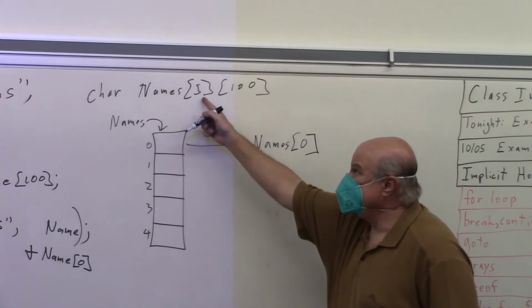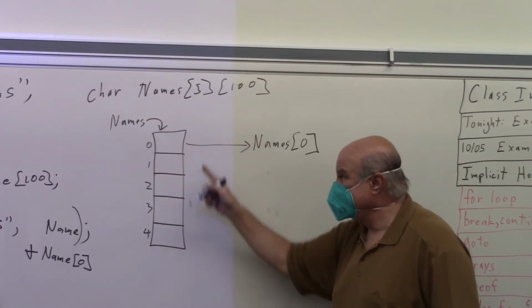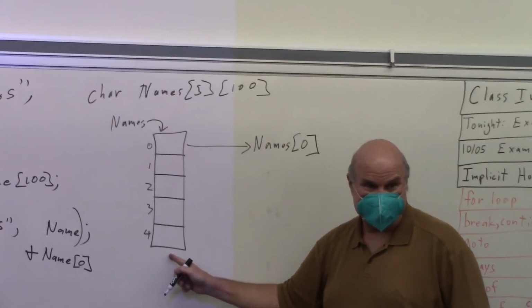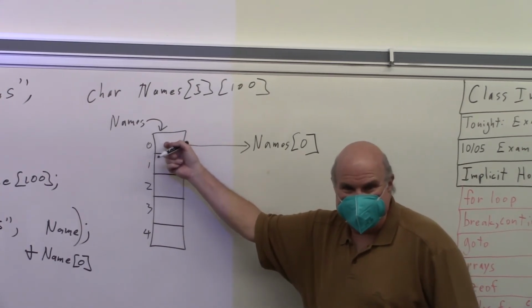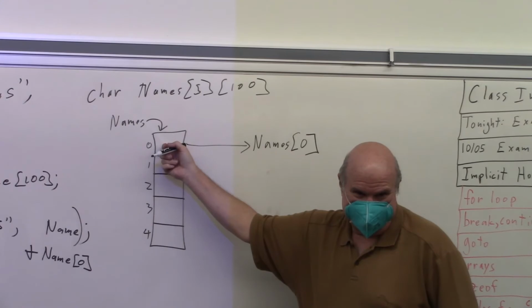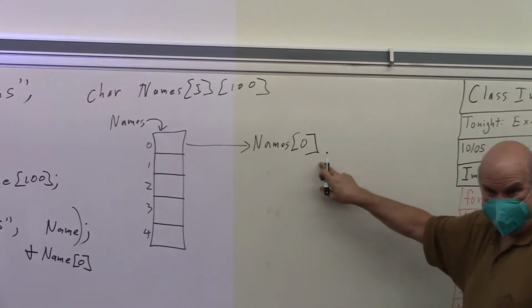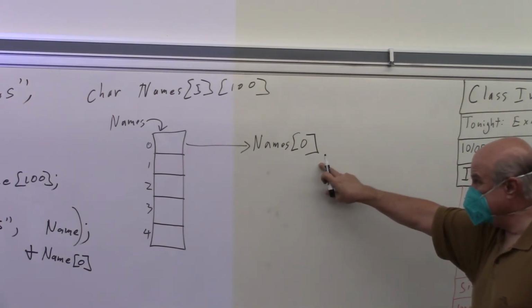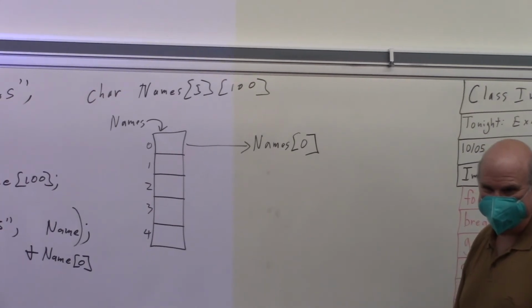In our case, we've said that array has 5 entries. So it's simply a pointer to an array of 5 entries. This is not an array of characters. It is an array of pointers. And those pointers point to other pieces of memory where the actual data is. Okay?